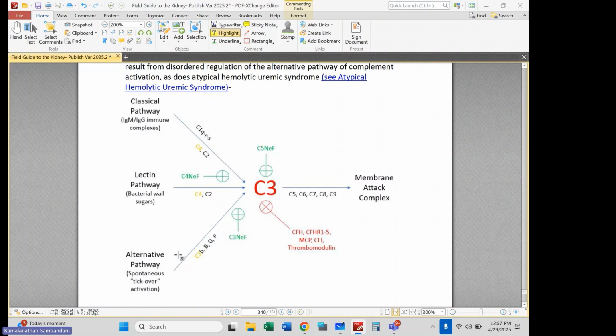You can see in C3GN, dense deposit disease, and atypical HUS, varying degrees of C3 depression, and that is because C3 is consumed from the activation or disordered regulation of, or unopposed activation of the alternative pathway.